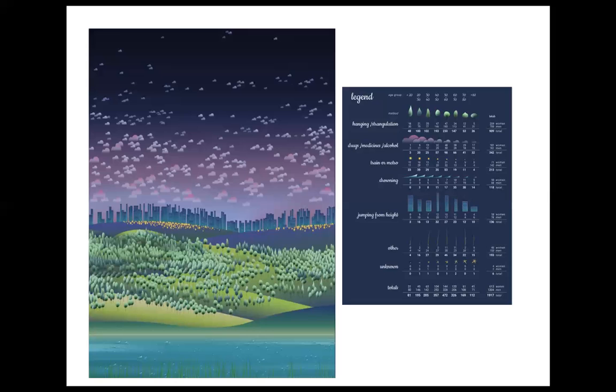And some of the critiques that we had for this was that even though these symbolic elements are all very different, without the use of the legend, it would be very hard to understand what you're looking at. So without the legend, it would be almost impossible to understand what the data visualist is trying to convey to the viewer.